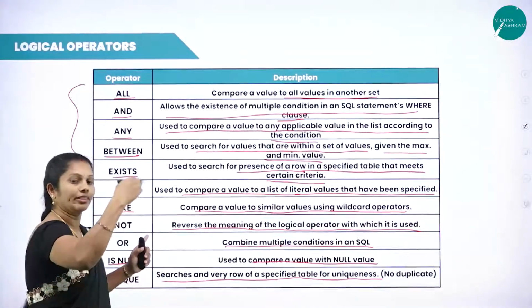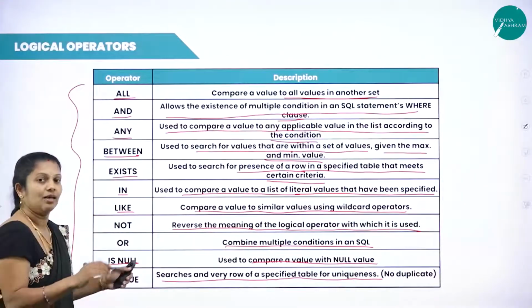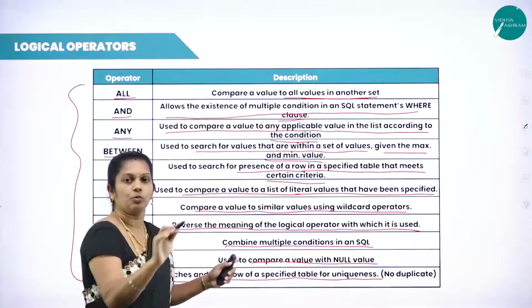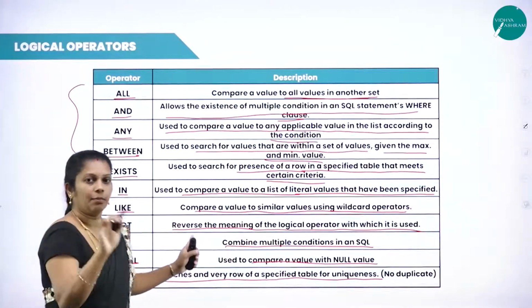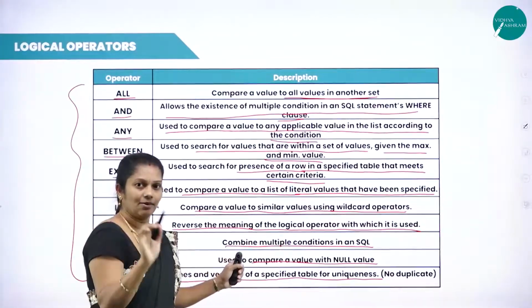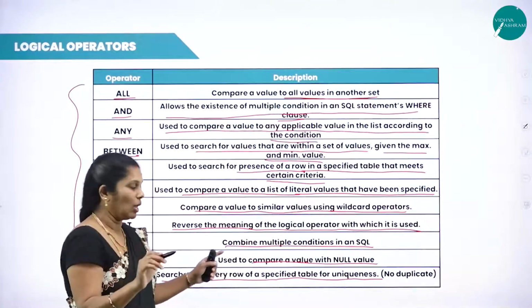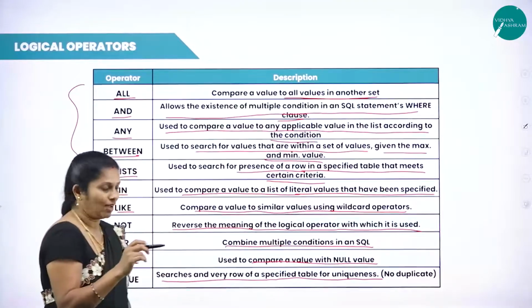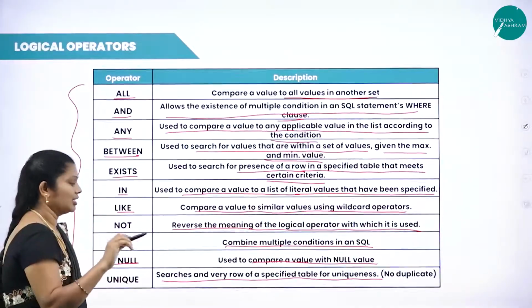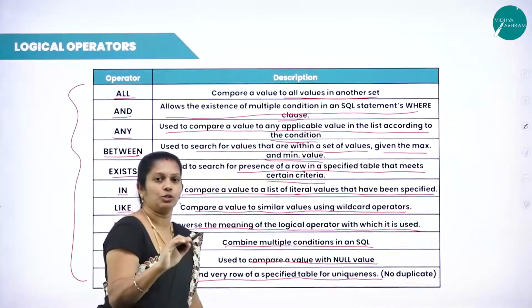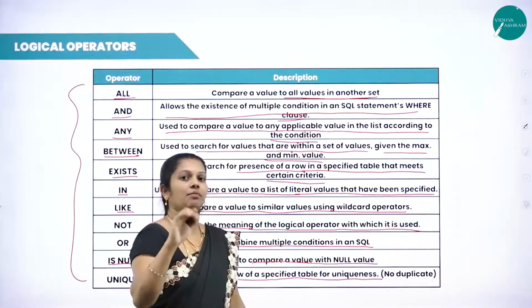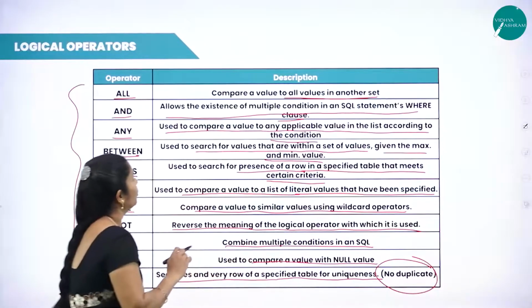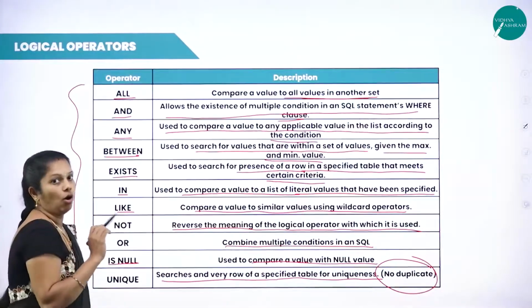Then IS NULL: while entering the value, we have to check whether it is a null value or not. We are not supposed to enter null values in the primary key; compulsorily we have to enter some unique value. IS NULL is used to compare a value with null values. Then UNIQUE searches for unique values. We are not supposed to enter the same type of values; we have to avoid duplication. These are a few logical operators.